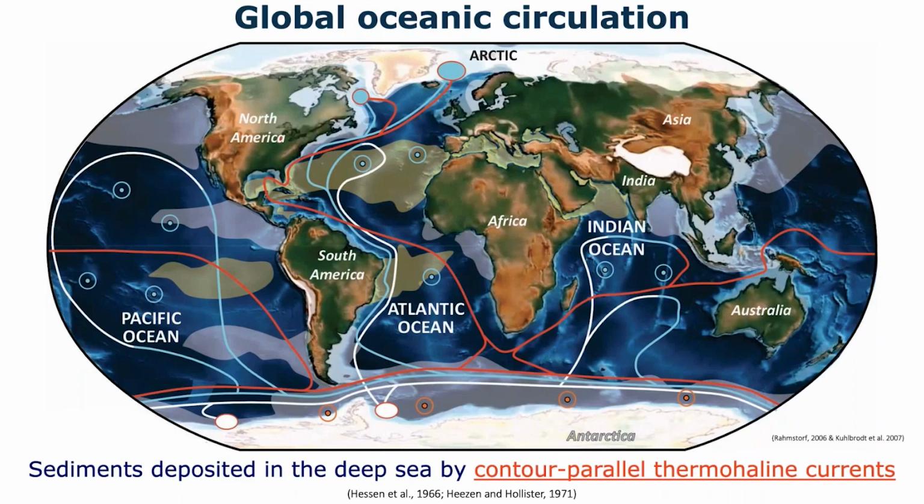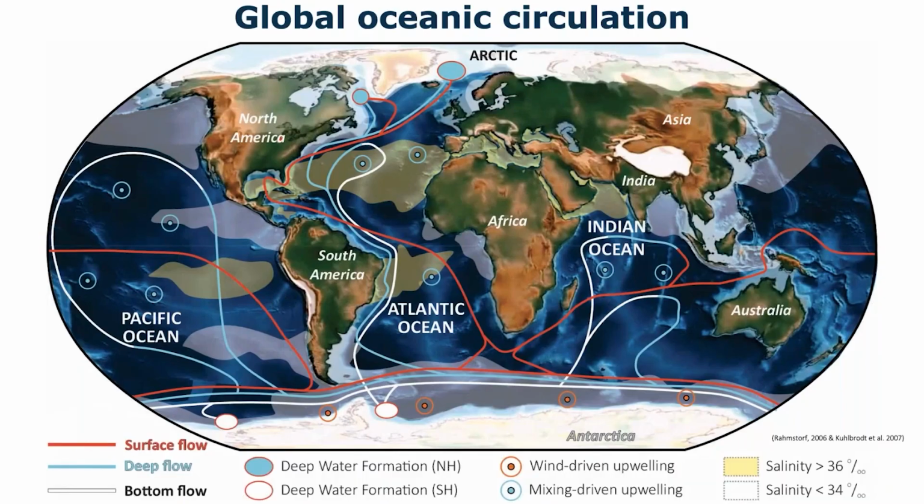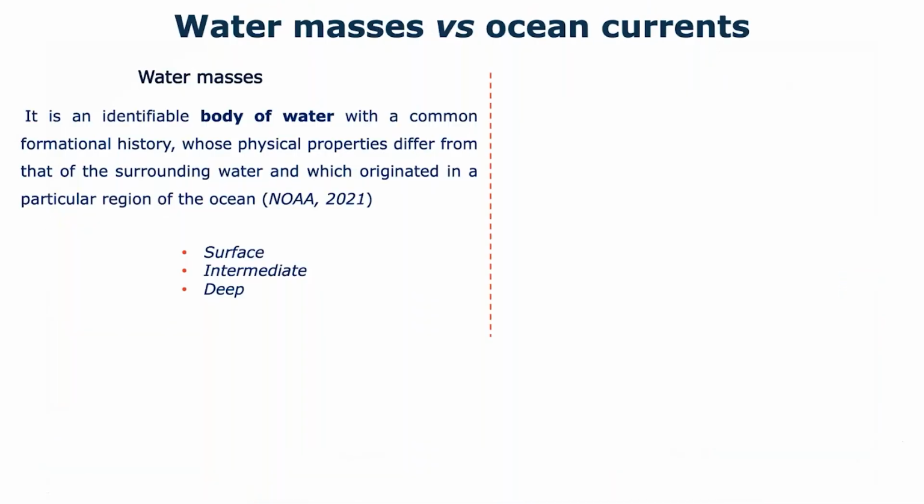So we all assume that the deep water is weak in terms of energy, and that these deposits are therefore fine-grained sediments, and that it's not possible to have coarser, gravelly, or sandier contourites because of the influence of oceanic circulation.